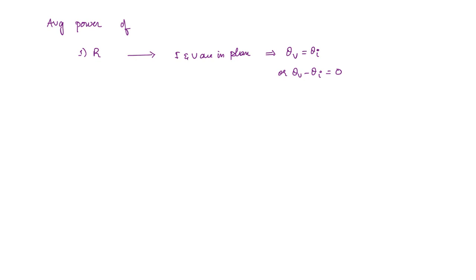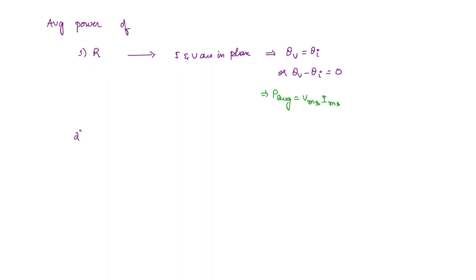So the average power P average is equal to V RMS into I RMS into cos 0. Cos 0 is simply 1, so you can remove this. So P average is simply equal to the product of the RMS values of voltage and current. This is only when the impedance is purely resistive, that means only R we are considering here.